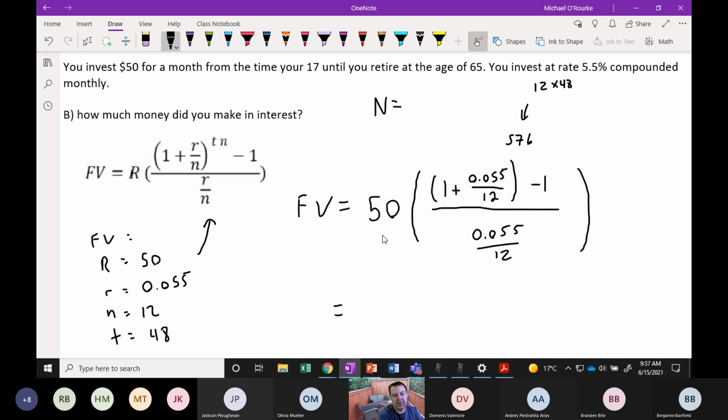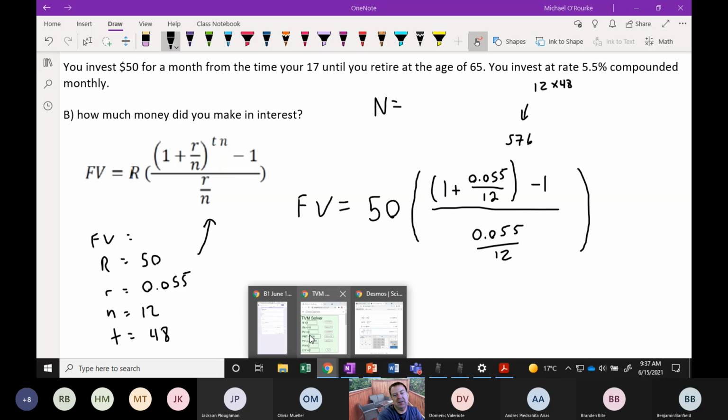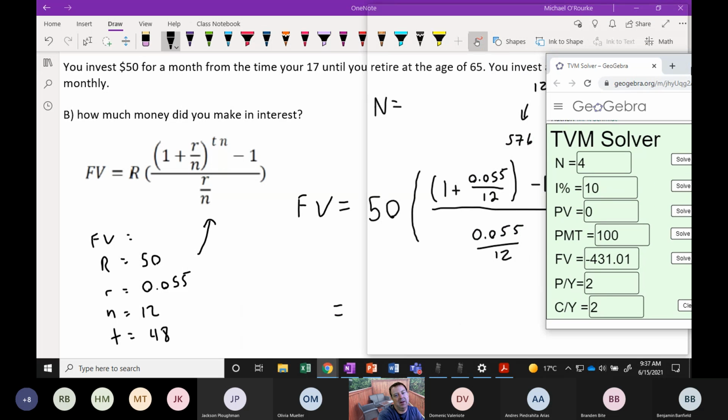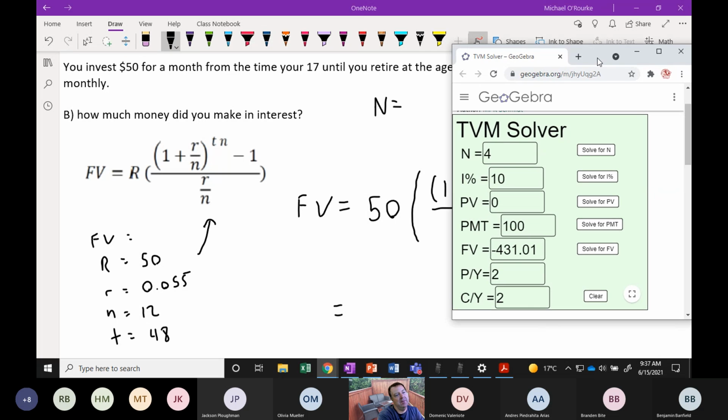So I will tell you right now, if you are able to write this down, then use the TVM solver to solve the question, that's worth 90%.